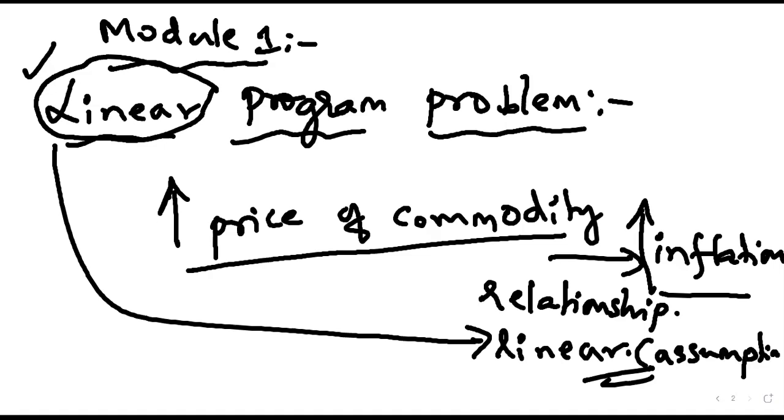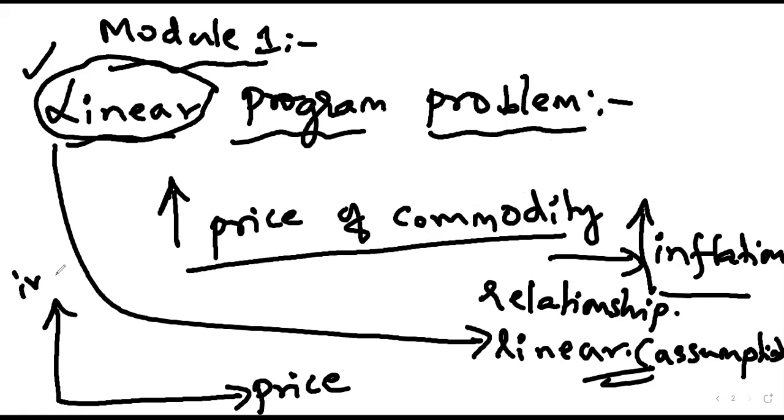With this assumption, we are assuming that given any type of variable, there is a linear type of relationship. This is the price of the product, and this is the inflation, and we always assume the relationship goes this way.